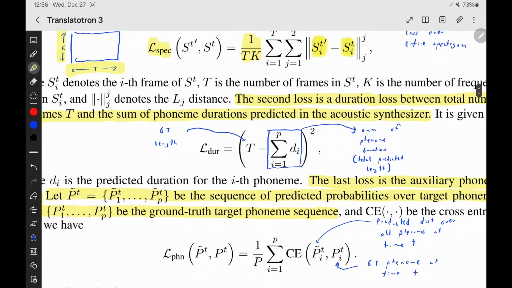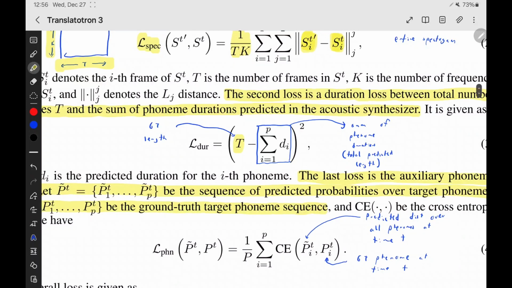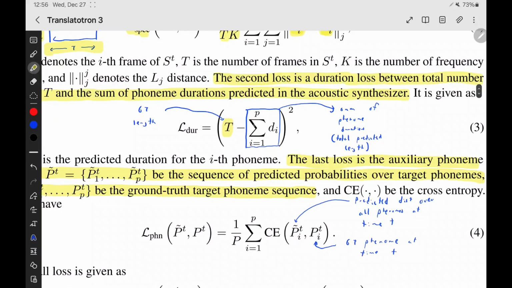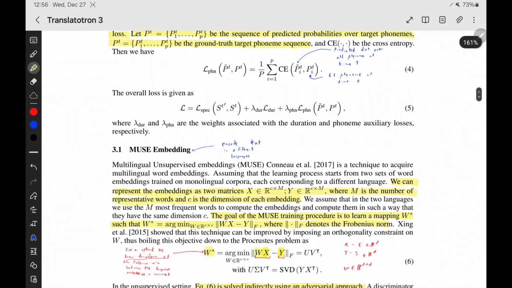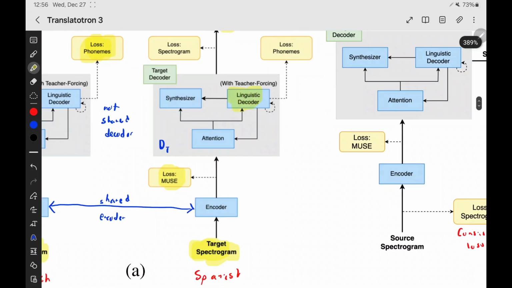And then, oh, my bad. These are your duration loss. I forgot that was also a part of it. So the duration loss is basically just the L2 between the predicted duration and the actual duration. So you have that in your decoder.